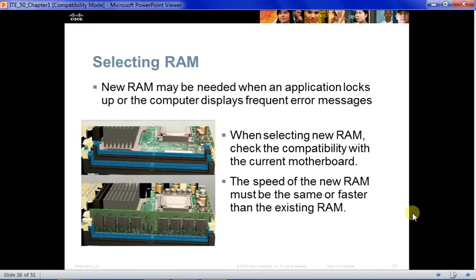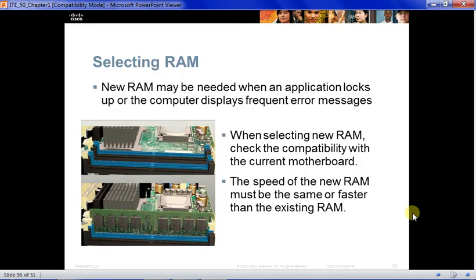Selecting your RAM. Sometimes our customer will want to upgrade to use a particular application, and that application will require more RAM. Or if they're doing a lot of computing and the computer is freezing up and they get frequent error messages, then it might be important for them to do a RAM upgrade.